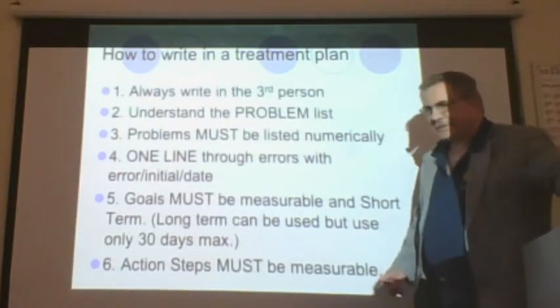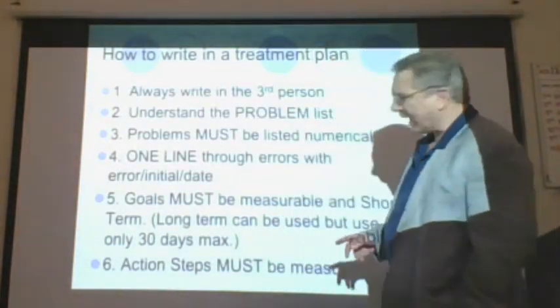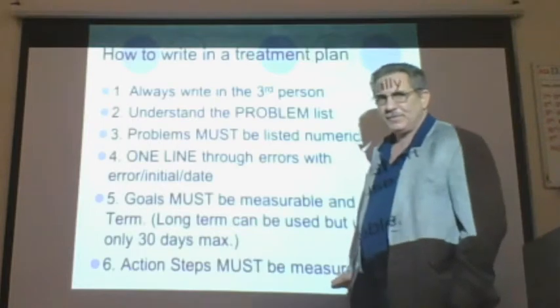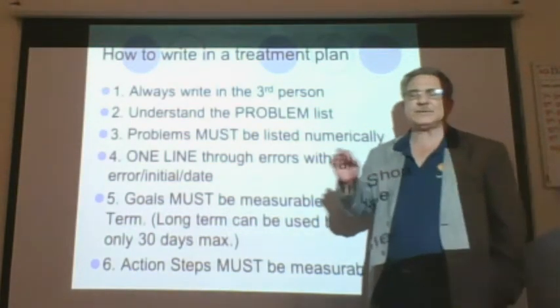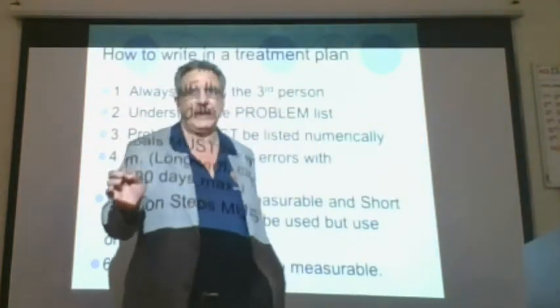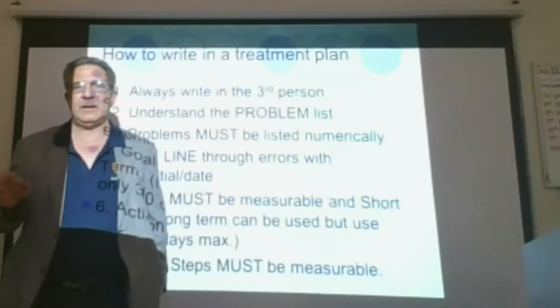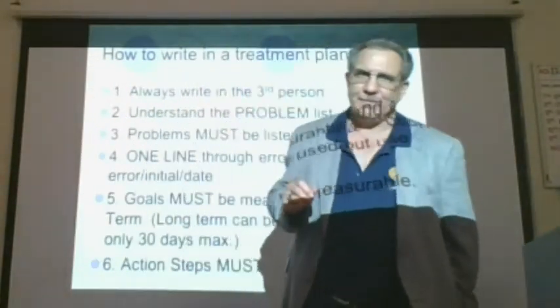Your action steps. Part of your treatment plan are your action steps. Your action steps must be measurable. They have to be measurable. In other words, times: 30 days, 10 days, 5 days, 30 days, 60 days, 90 days. They have to be measurable, right?